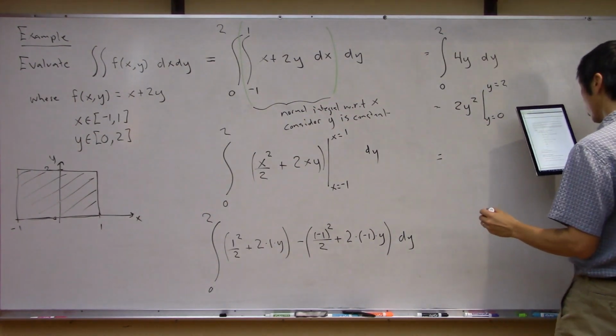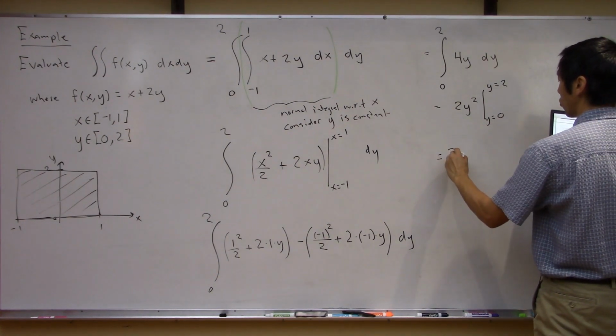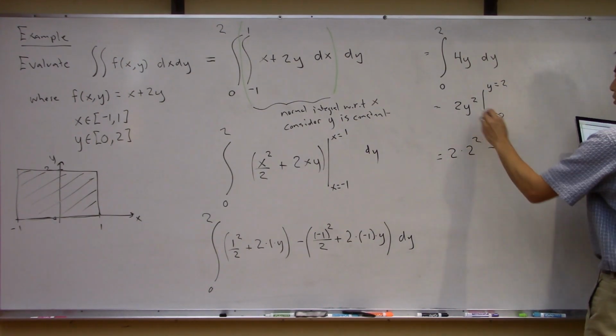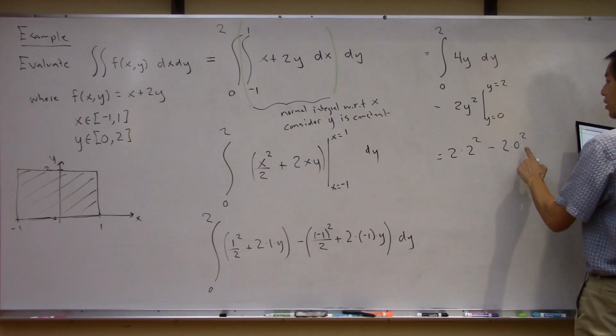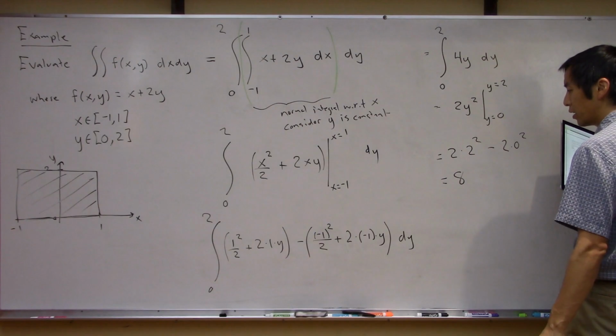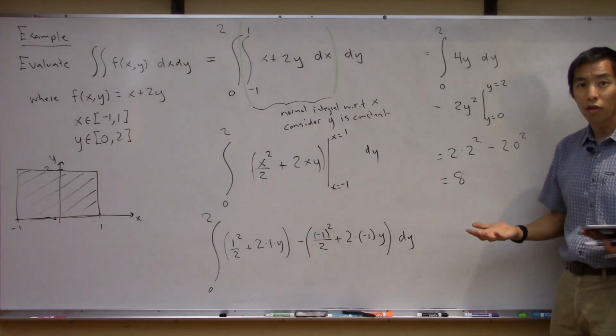Working that out, this is 2 times 2 squared minus 2 times 0 squared, so we end up with 8 at the end of the day. So there you go, not too shabby.